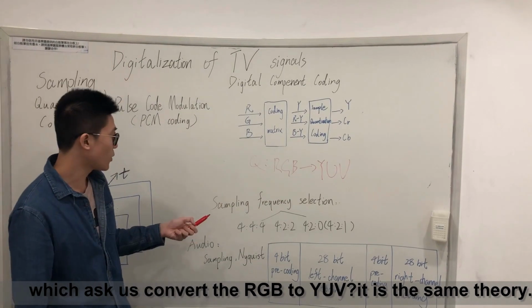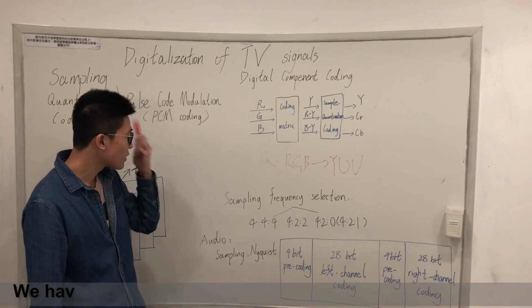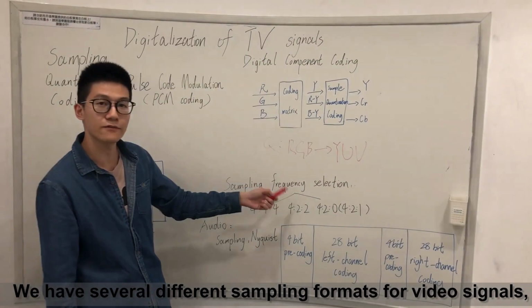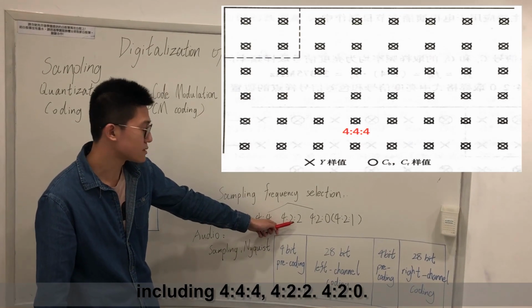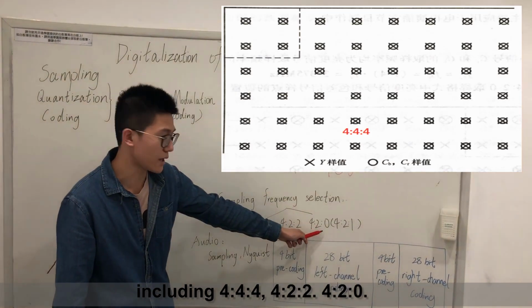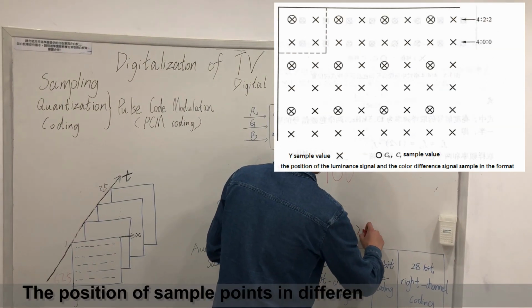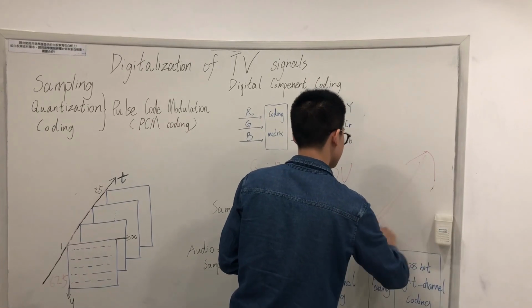It is the same theory. We have several different sampling formats for video signals, including 4:2:4, 4:2:2, and 4:2:0. The positions of sample points in different formats are like this.